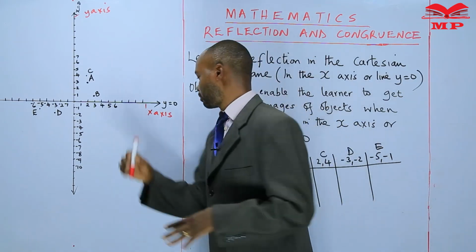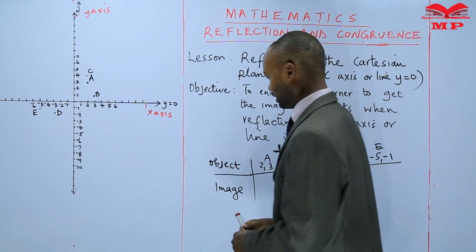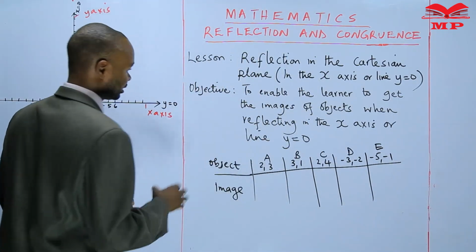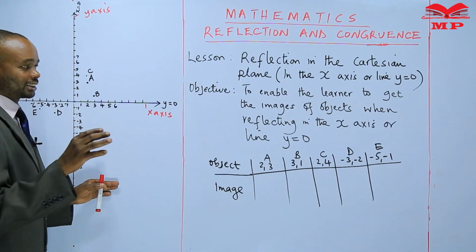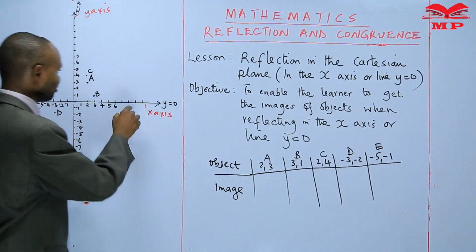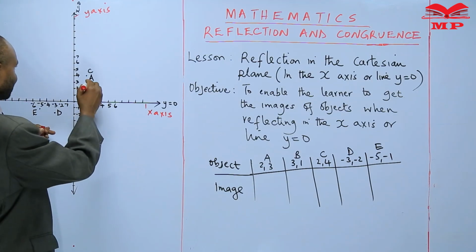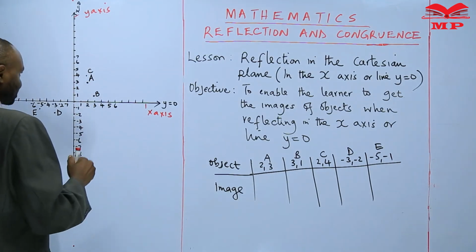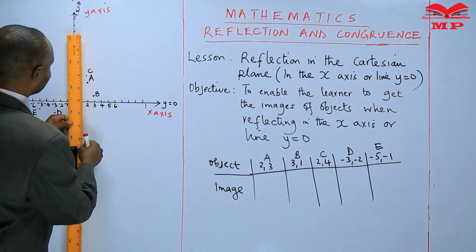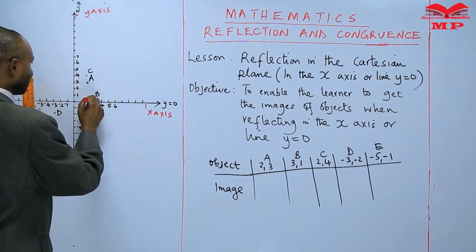Let's start with A. We want to get the image of A. Using the properties we learned, the perpendicular distance from the mirror line. Our mirror line is this axis. We are at A, isn't it? So if you create a perpendicular right here, you'll drop here.